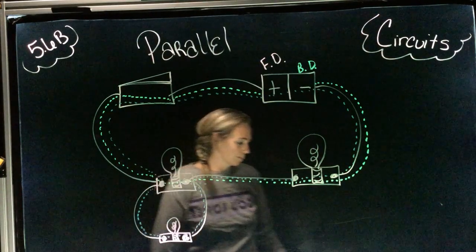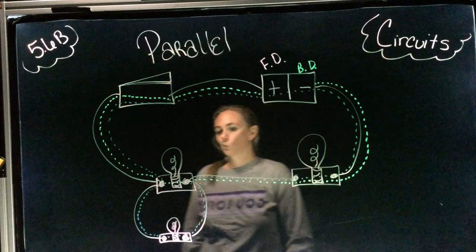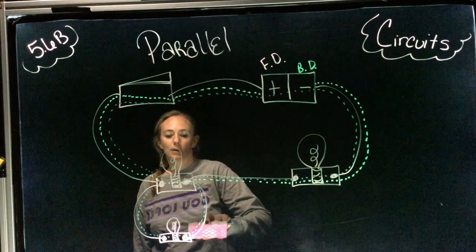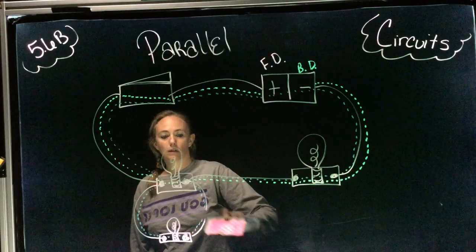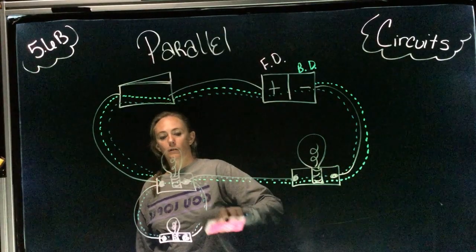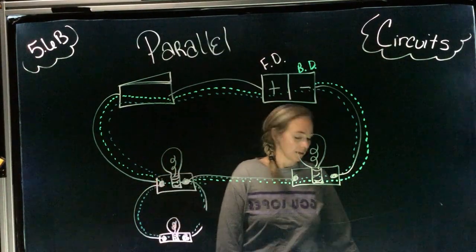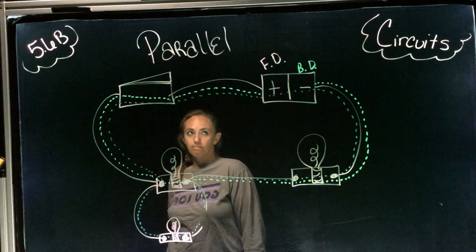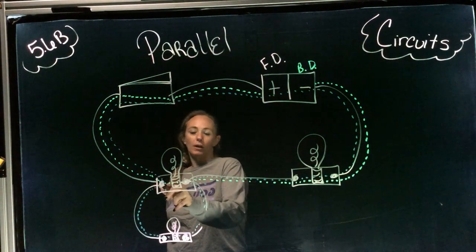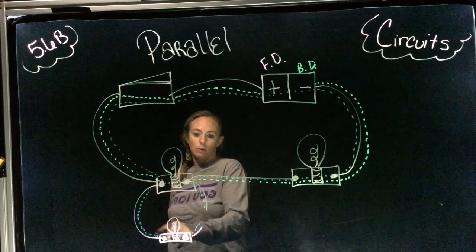What if some little kid came along and decided to mess with my circuit? So what's going to happen when the electron gets to his Y intersection and he decides to go this way?